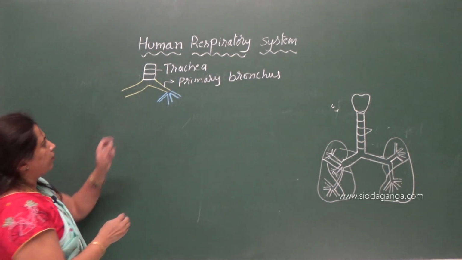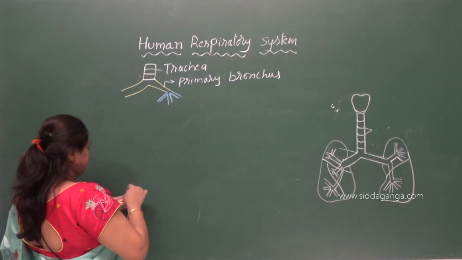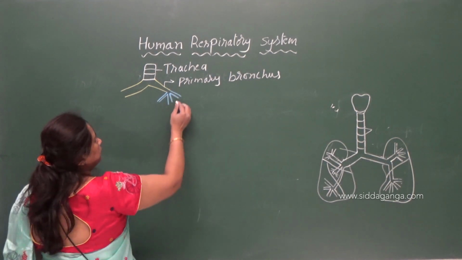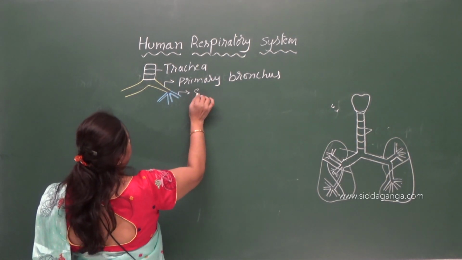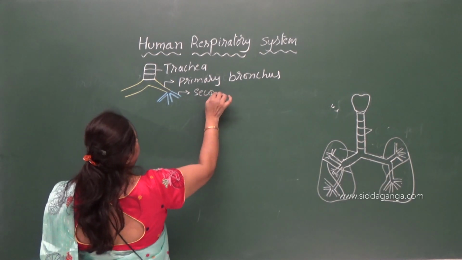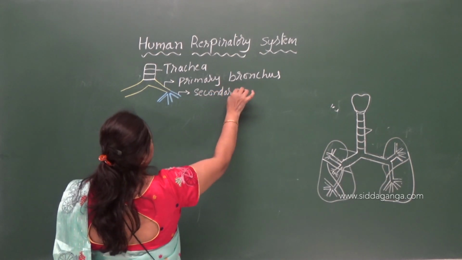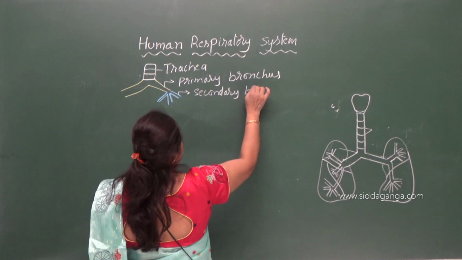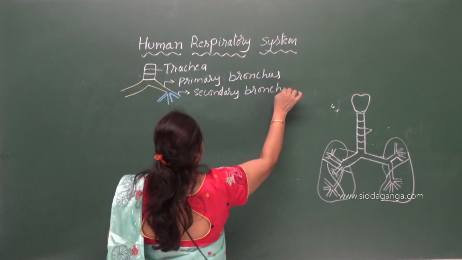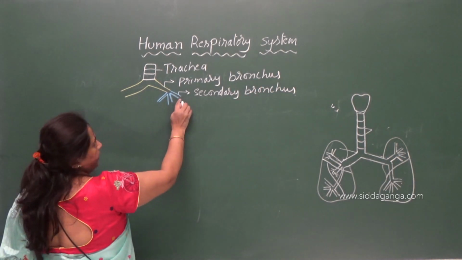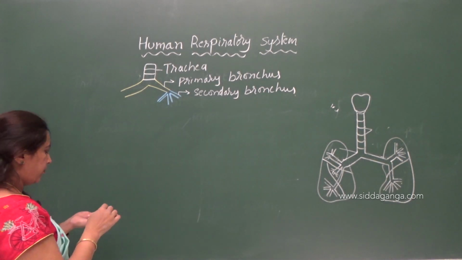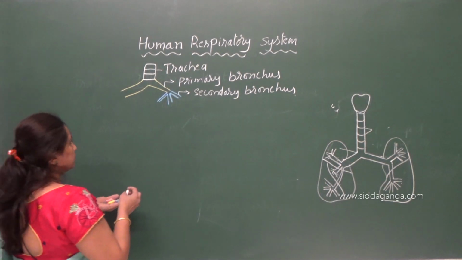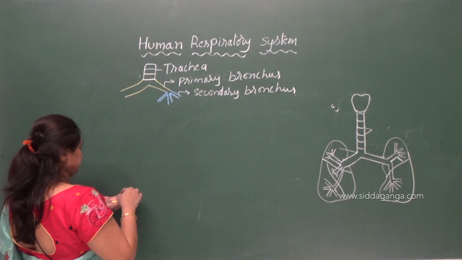So each primary bronchus in turn divides to form secondary bronchi. So this is called a secondary bronchus. So I labeled this branch as a secondary bronchus, and each secondary bronchus will further divide.